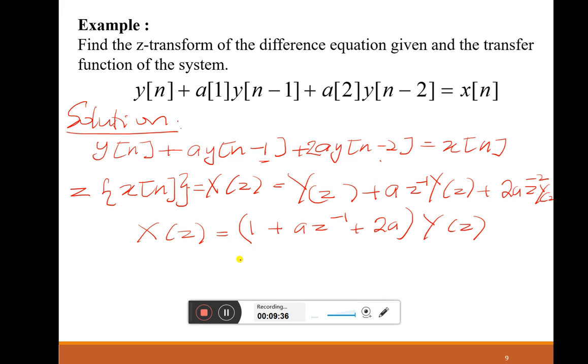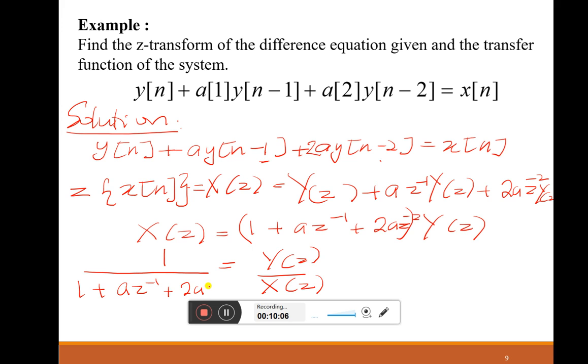And then we arrange lagi, so you have Y(z) over X(z) equals 1 over 1 plus a z to the power of -1 plus 2a, jangan lupa tidak buat, z to the power of negative 2. So this is dia punya Z, right?